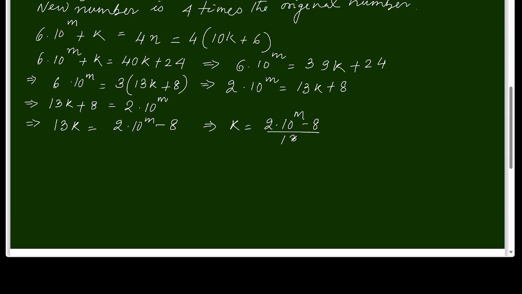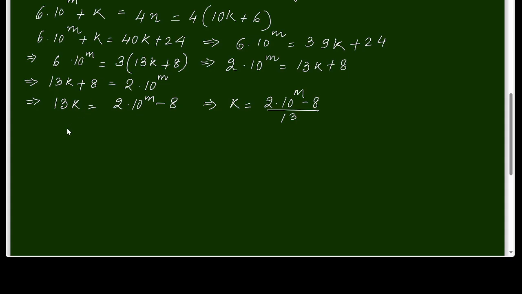Now we have assumed that k is an integer. So for k to be an integer, 2 into 10 to the power m minus 8 must be divisible by 13.